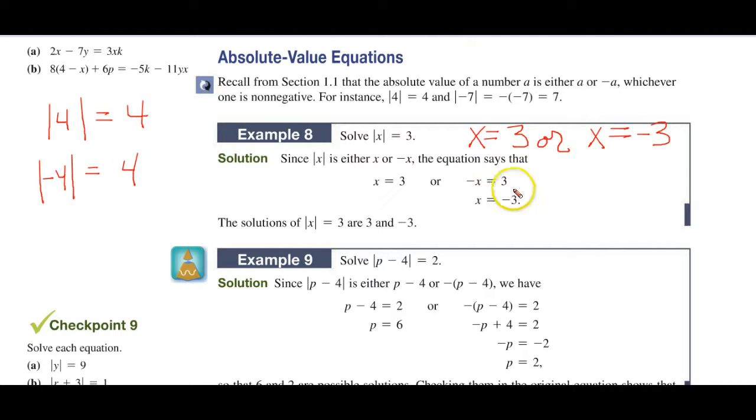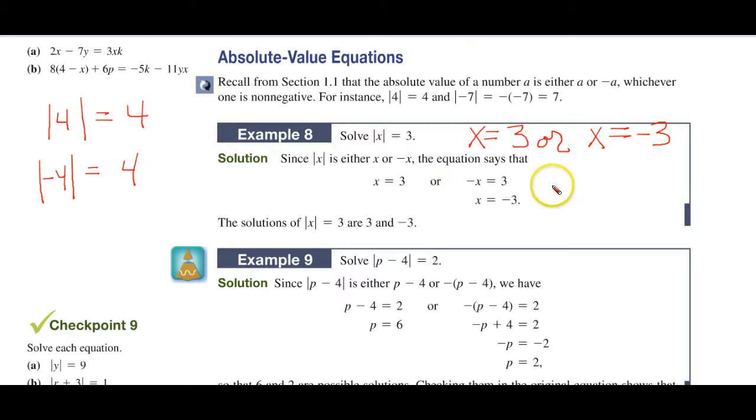And that's the solution for example 8. And the strategy, again, take away the absolute sign, equal it to whatever is there, take away the absolute sign, but then this item on the other side has the opposite value. Okay?